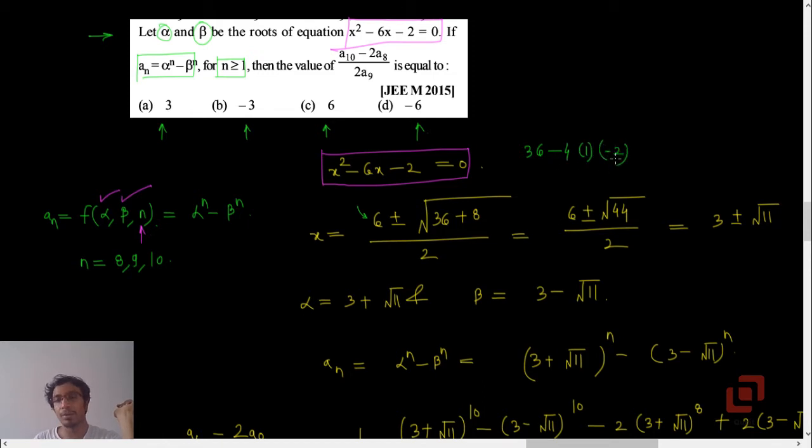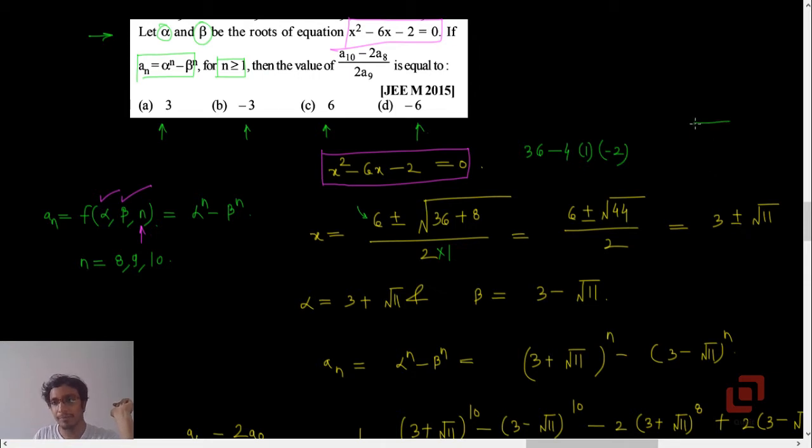So minus 4 into minus 2 will be plus 8. So it will be 36 plus 8 or 44 divided by 2 into a, so that will be 2. So the roots are 6 plus or minus root of 44 upon 2 or 3 plus or minus root 11.